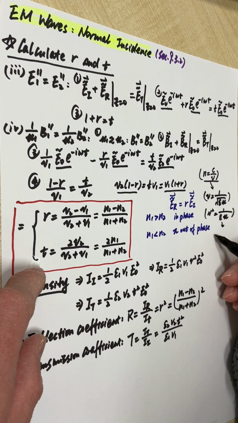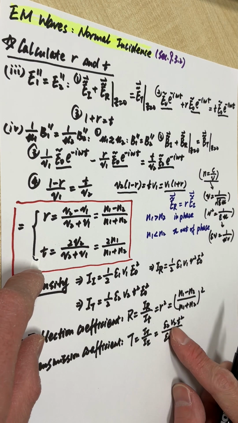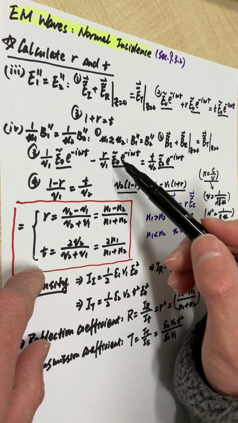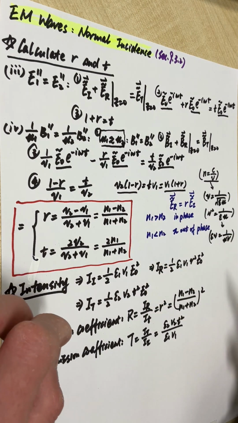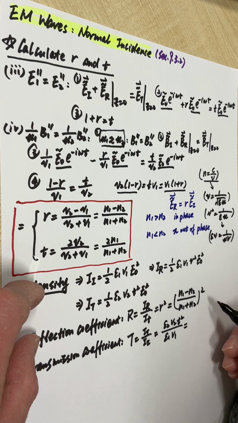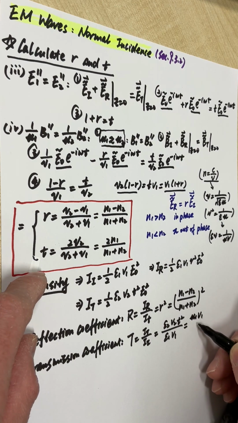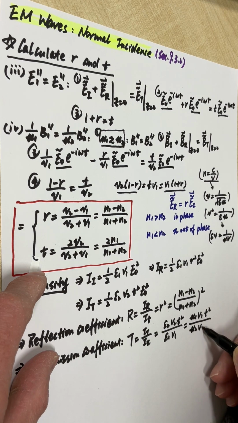And then we have epsilon V equals 1 divided by mu V. So here we have epsilon V. We want to transform that to mu V because we know here, where was it? Oh, here. The materials would have roughly the same permeability. So this would equal mu 1 V1 T squared divided by mu 2 V2.